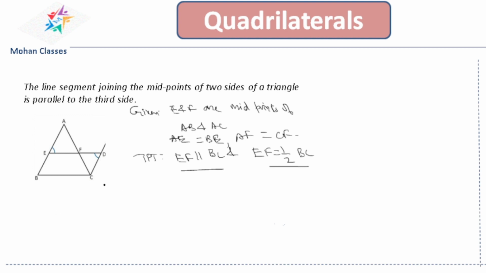So, what is the construction? Draw a line CD parallel to AB, which meets EF at D. Draw line CD parallel to AB.